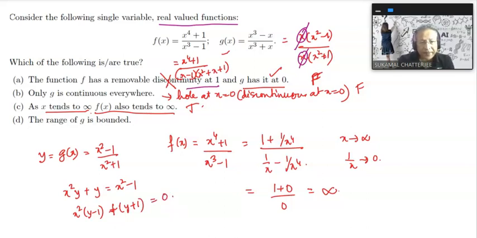Since x is real, it's a real valued function, the discriminant of this will be greater than or equal to 0. So what is the discriminant here? There is no x term, so the discriminant is 0 minus 4 into (y minus 1) into (y plus 1). So this has to be greater than or equal to 0.